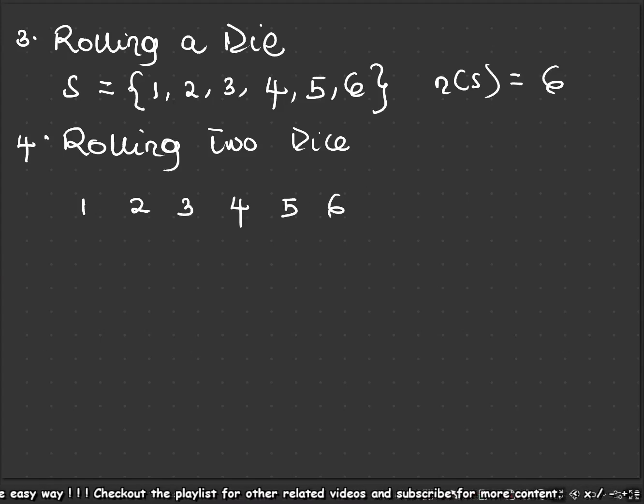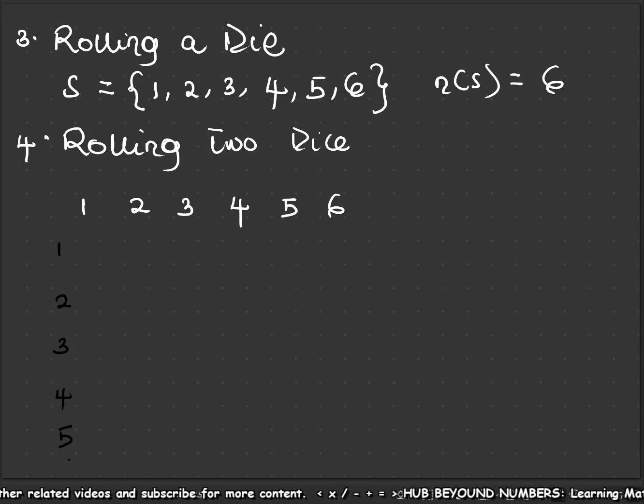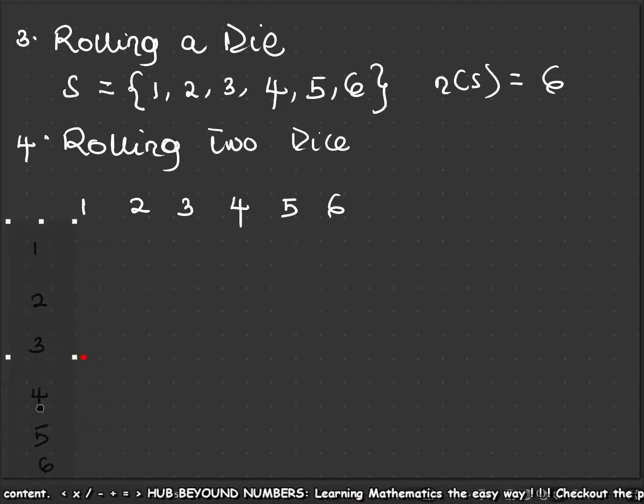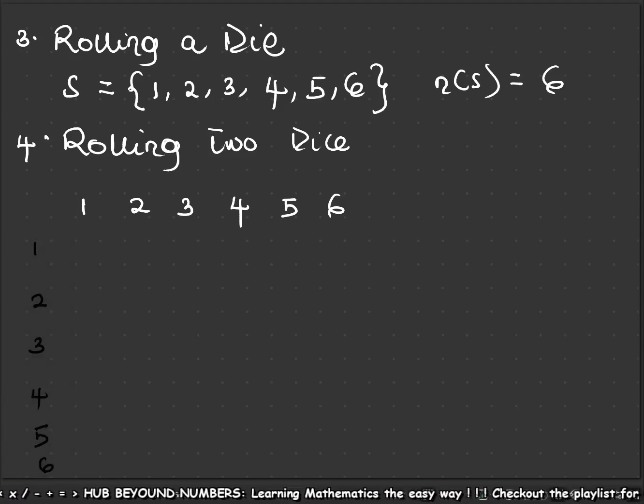And then our second die can also give us a 1, 2, 3, 4, 5, and your 6. Then what you do is you pair these rows and columns. And that is what is going to give you all the possible outcomes of rolling these two dice.